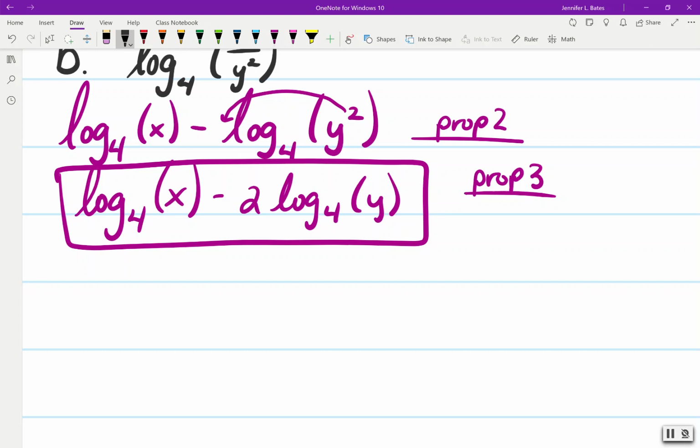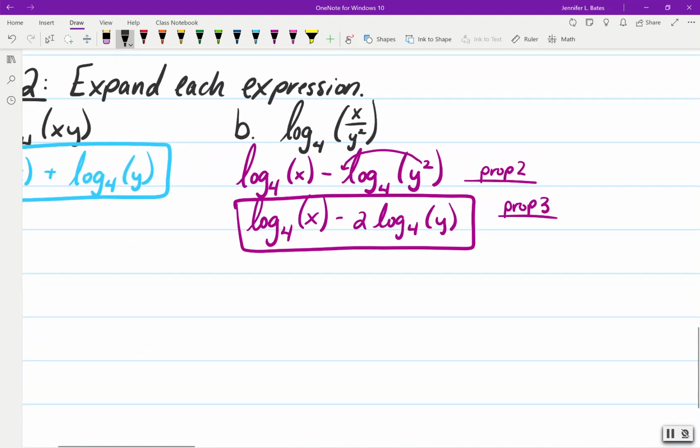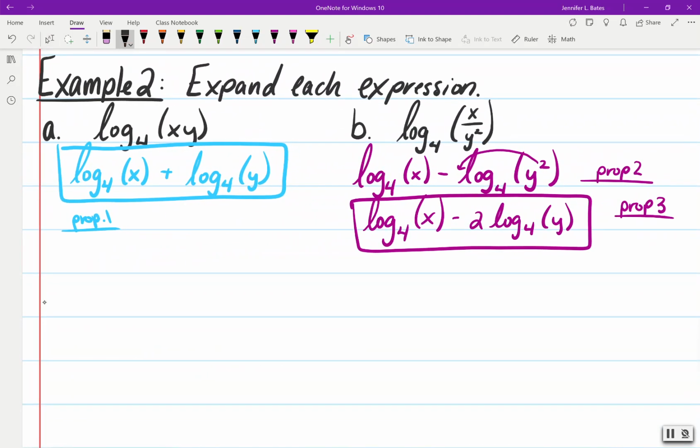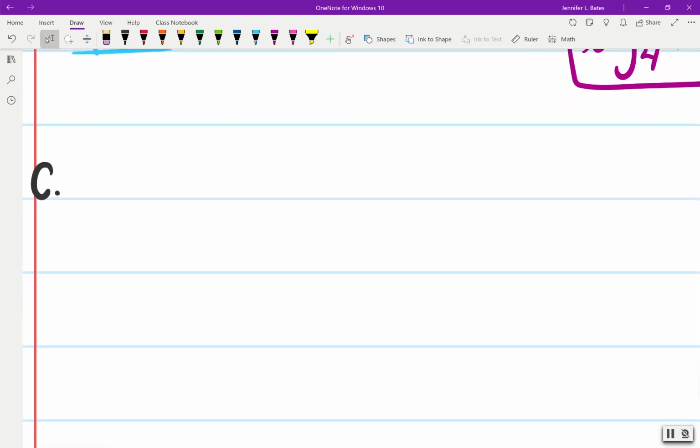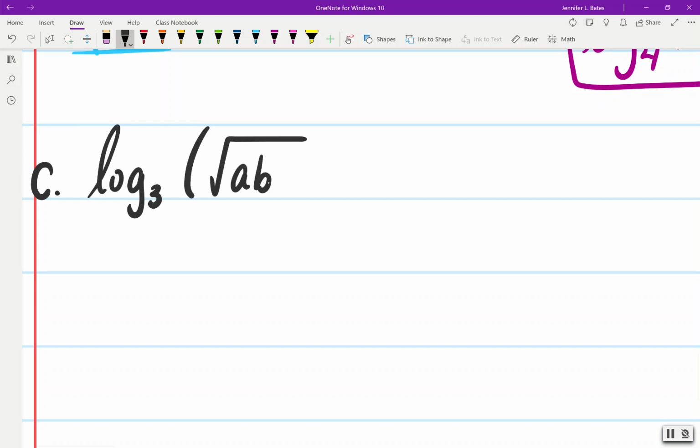All right, let's take a look at another one. We'll call this example C. In example C, we've got log base 3 of the square root of abc.